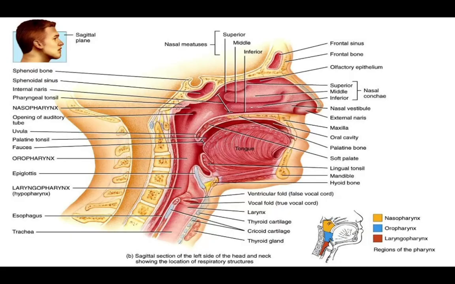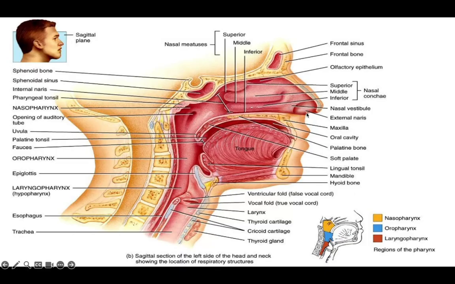All of this nasal cavity is going to be lined with a mucous membrane, which means it is ciliated pseudostratified columnar epithelium. We do have some familiar structures as we're moving through the nasal cavity. First we have the nasal vestibule.